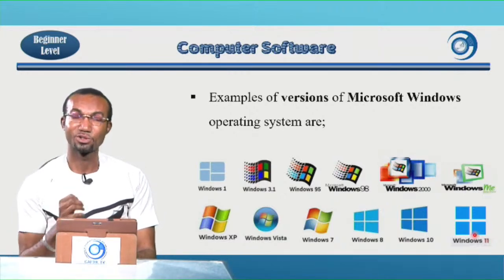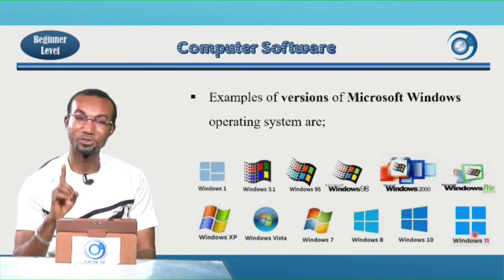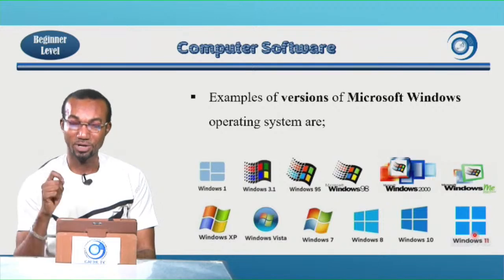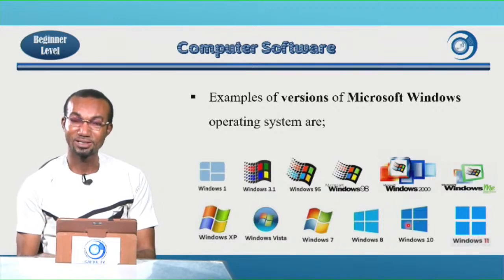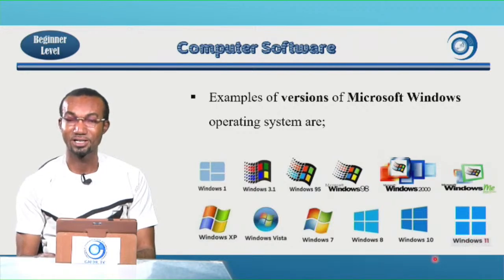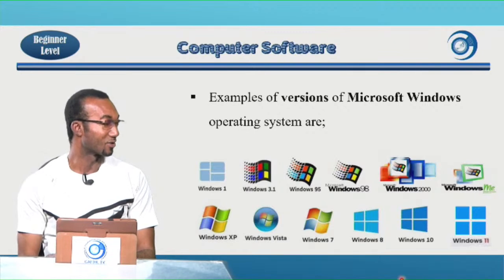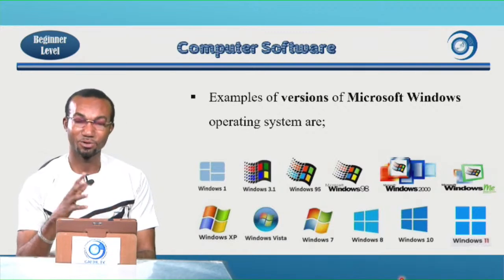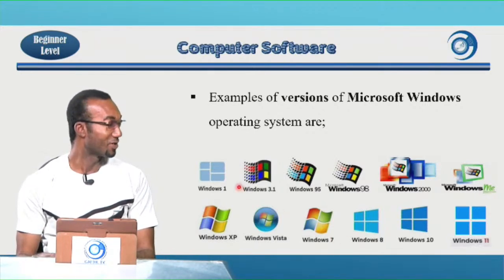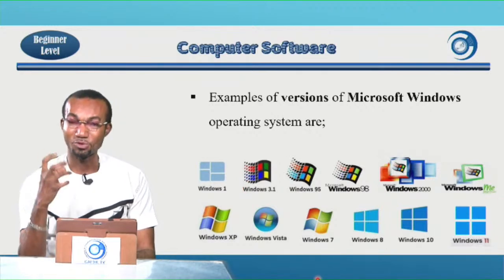So if you buy a brand new machine, either you will get Windows 10 or Windows 11 on that machine, because Windows 11 came recently. So these are the various versions of Windows from Microsoft.